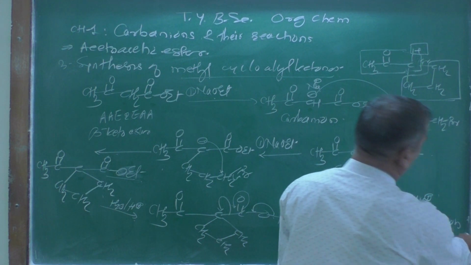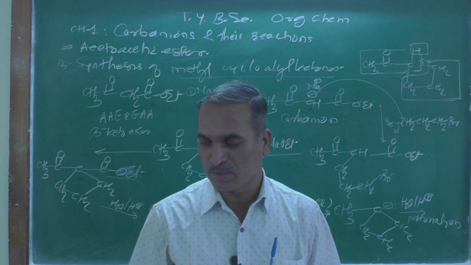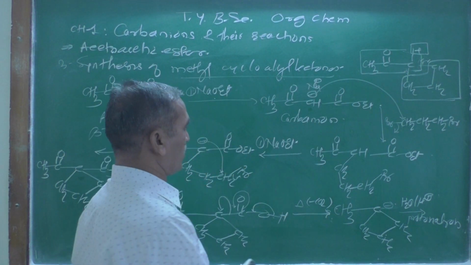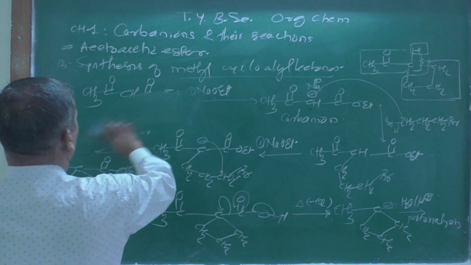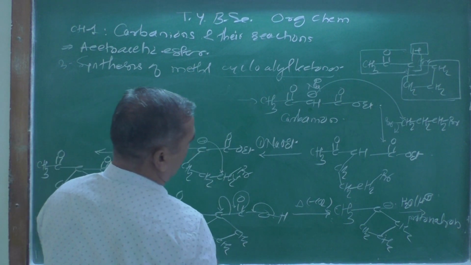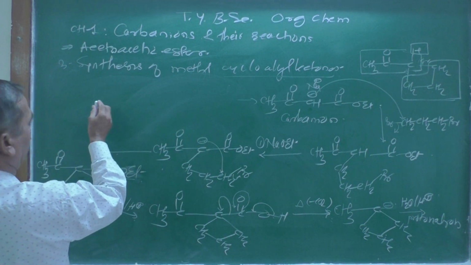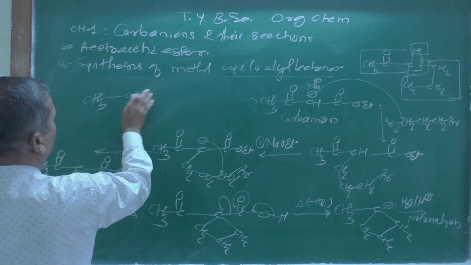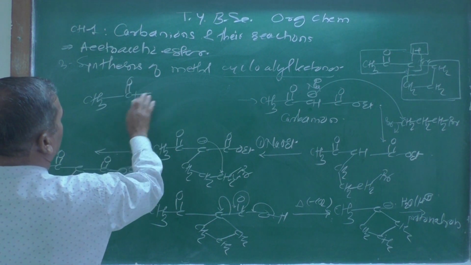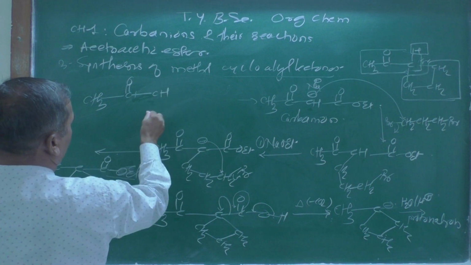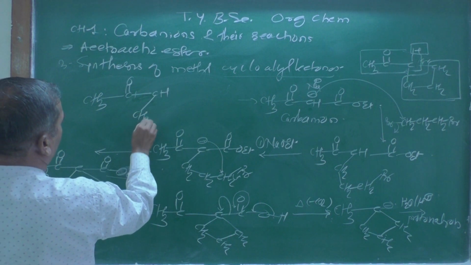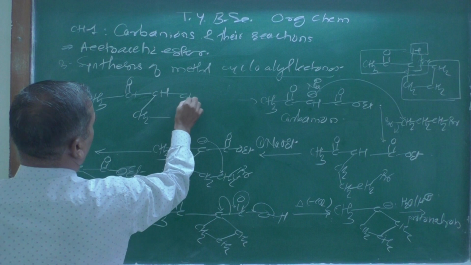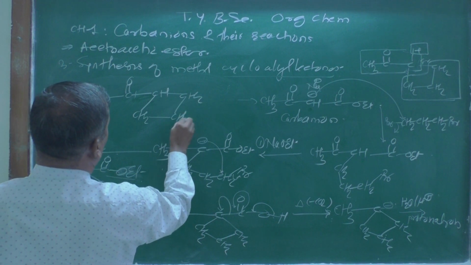And after the protonation, what do you get? You are going to get over here this one. Here you will get CH3, then here C double bond O as it is, and here CH, one hydrogen atom which is coming from that, then CH2, and you can write another CH2.